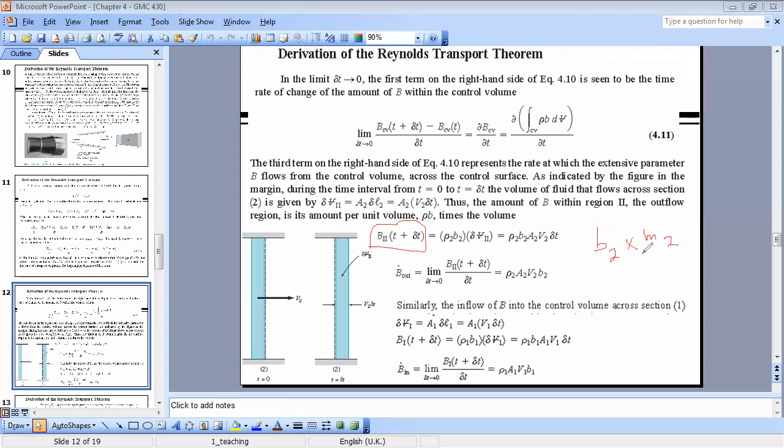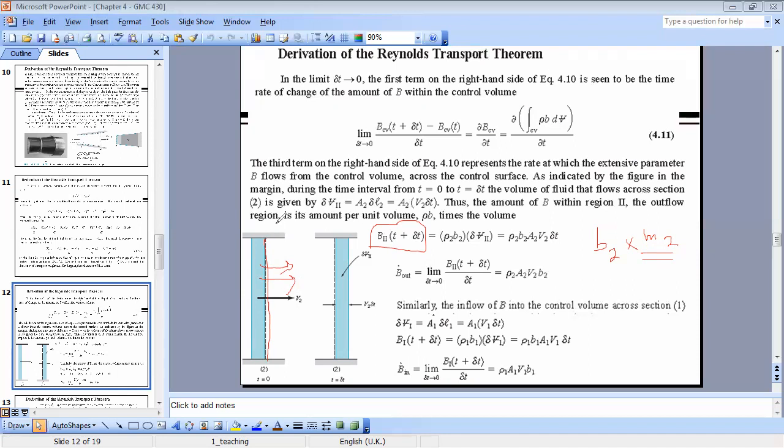And how can the mass leaving section 2 be calculated? Look at what is happening. You are considering a certain boundary. Particles will leave this boundary at a certain velocity. If you want to know the amount of particles that left your system, you can simply say that this is equivalent to the following.